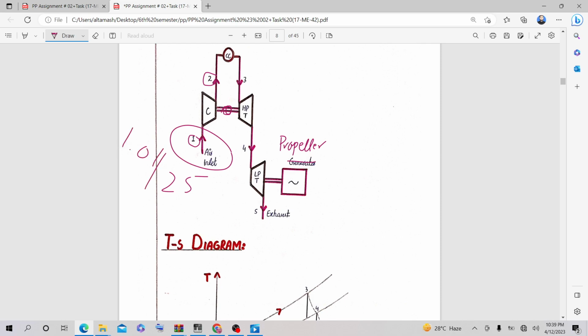And this point number 3 is actually the output of the combustion chamber, and at this point we have our maximum temperature, that is 650 degrees centigrade, that is also given to us. We have also given the efficiencies of low pressure turbine, high pressure turbine, and mechanical efficiency. So these are all the things that have been given to us.